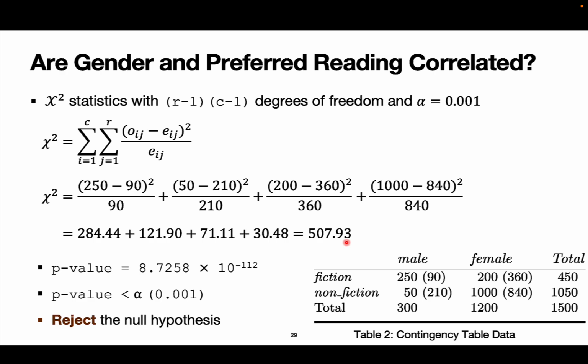And we look up the p-value, and it turns out to be a very, very tiny value. As you can see here, 8.7258 times 10 to the power of minus 112, which is really a tiny value. So the p-value is less than alpha, so we reject the null hypothesis.